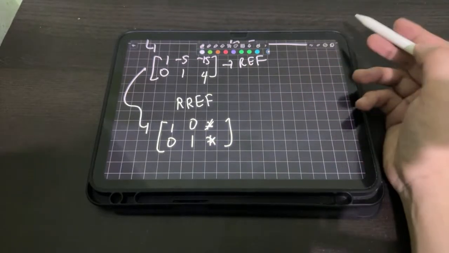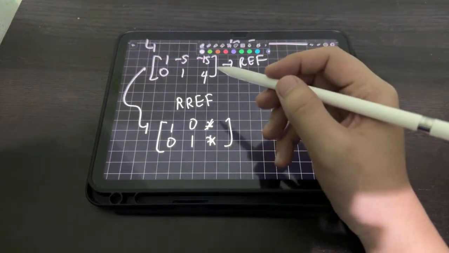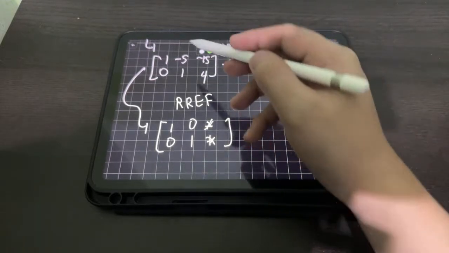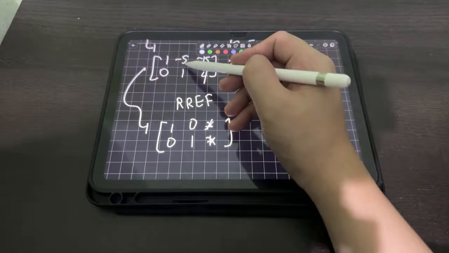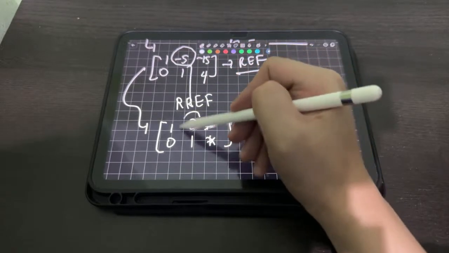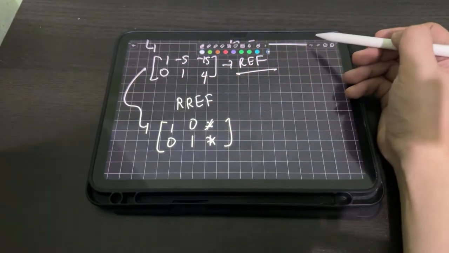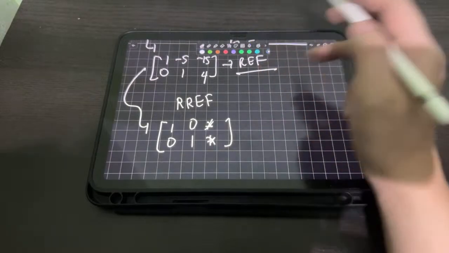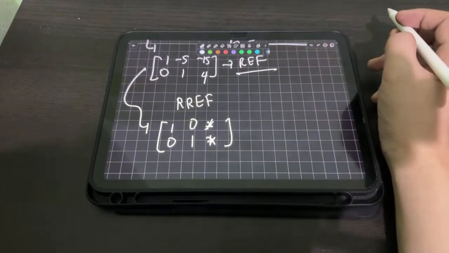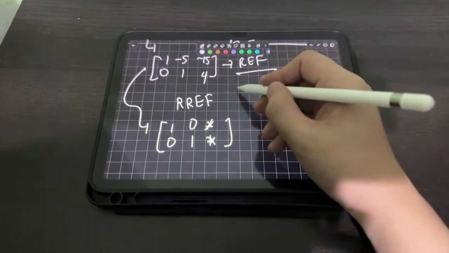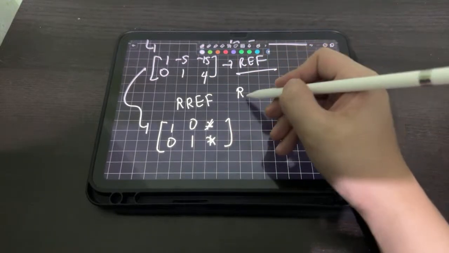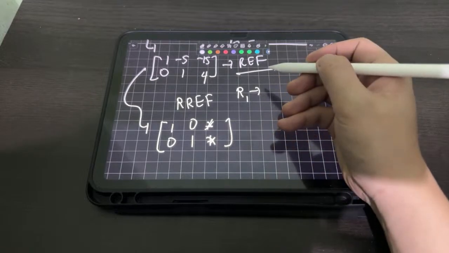The last thing that we need to do is, from its REF form, transform this negative 5 to 0. We can do that by applying an elementary row operation, which is adding a multiple of a row to another.